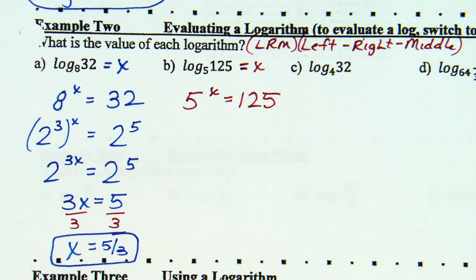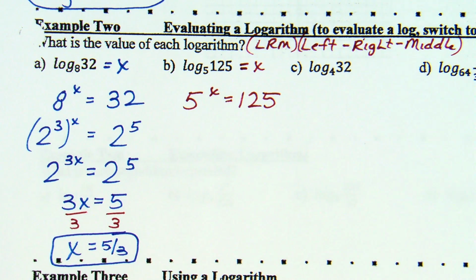Blue paper might be somewhat helpful here. It's not exactly organized for this, but it might be somewhat helpful. I've got a 5 and a 125. 5 is just 5, but is 125 on this paper somewhere? It's a cube, isn't it?